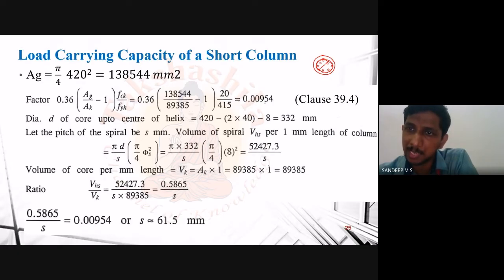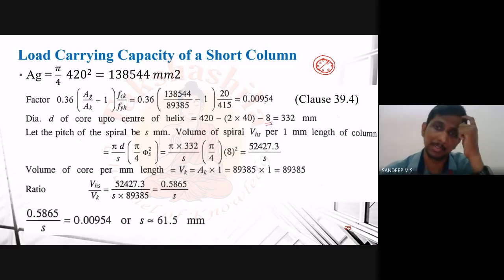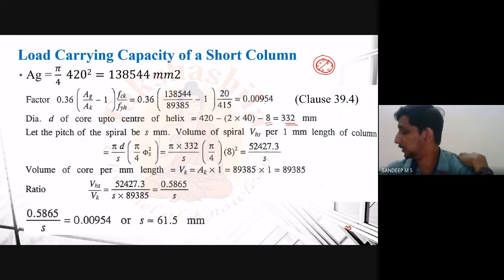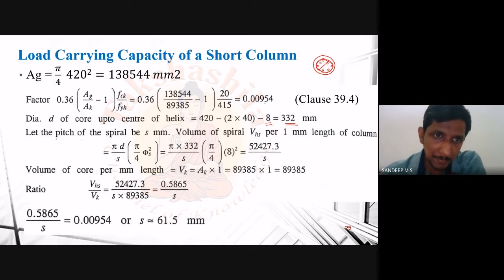Then minus half the diameter of our helical reinforcement. We have already assumed that we will be using 8 millimeter helical reinforcement. So half diameter here, half diameter here, that is 8 by 2 plus 8 by 2, that is 8. So 420 minus 2 times 40 minus 8 will give me 332 millimeters.